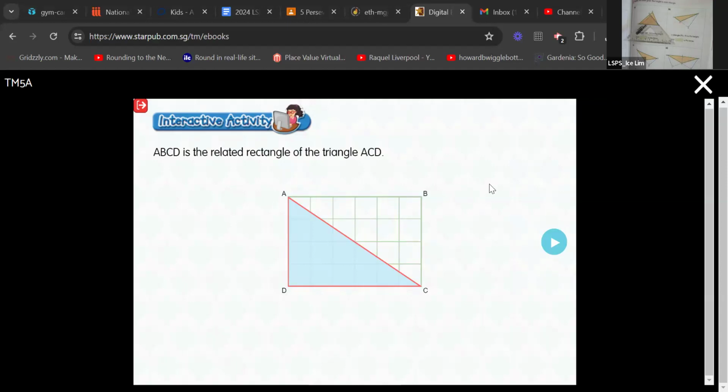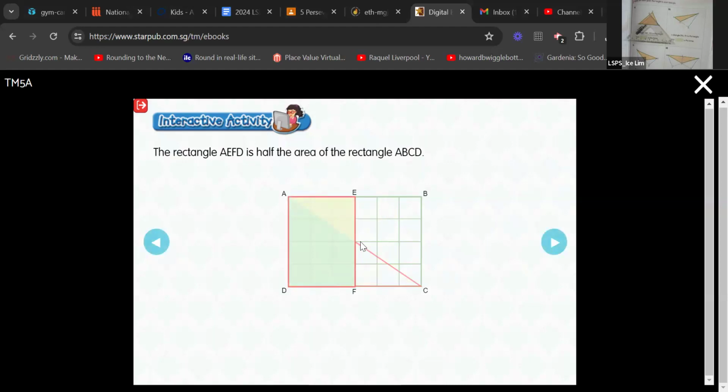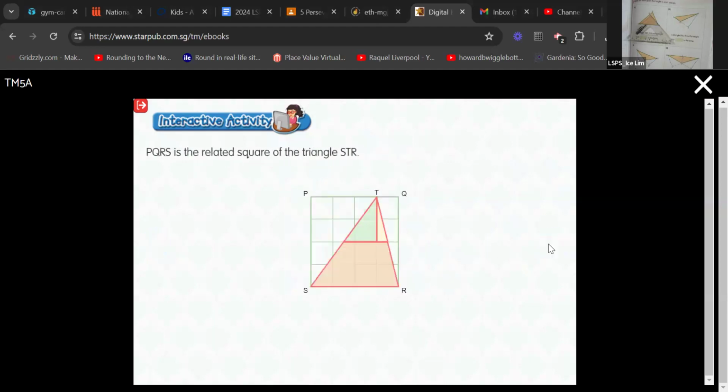So I show you this one first. You can see this is in the textbook, just on the same page, how they get the related rectangle. This is an animation. It's the same as the textbook question, just showing the animation.